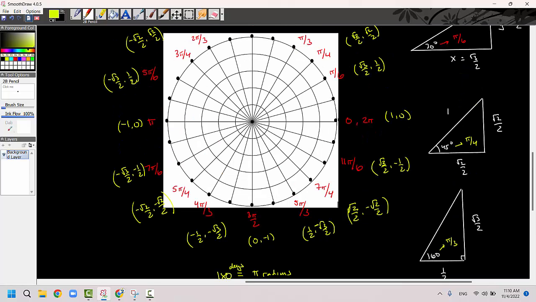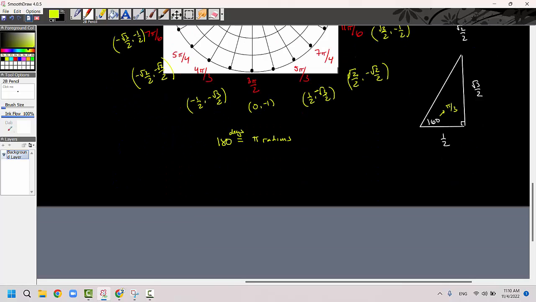So if I wanted to convert from 30 degrees to radians, I would say 30 degrees, hopefully this makes sense from science, multiplied by 180 degrees, because I want the degrees to be able to cancel each other out, over pi radians. The degrees cancel, the zeros cancel.